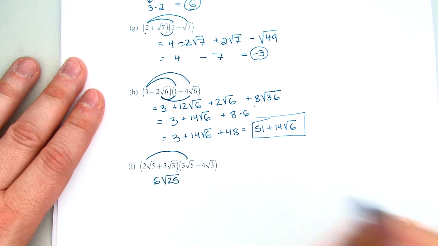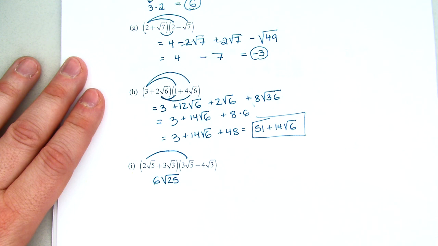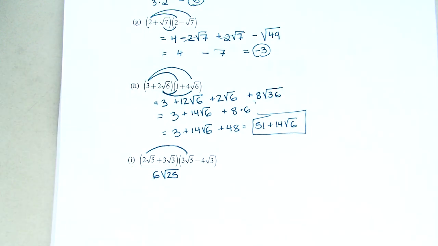How about 6 root 25 for that first piece? 2 root 5 times 3 root 5, 6 root 25. Do the other three, see if you can simplify, combine like terms. It's kind of nice by the time it's done, I guess.